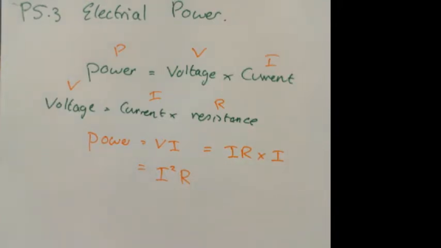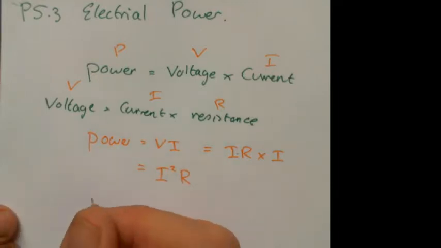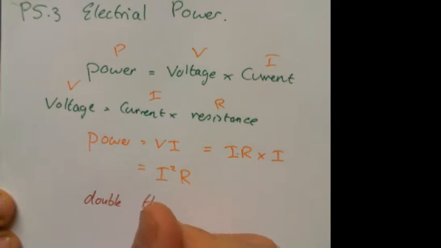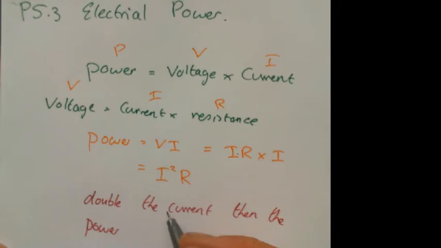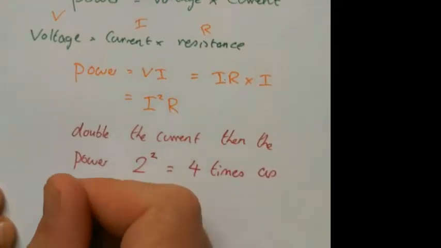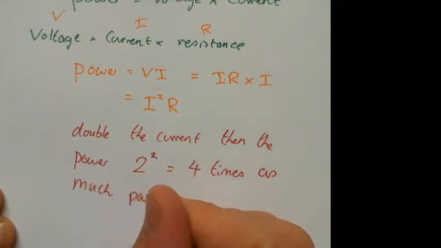Okay, and the reason why this is interesting is because if you remember we said on the national grid you have step-up transformers that increase the voltage and decrease the current, and this is why, because if I double the current, then the power loss, so the power that will be used up going through those cables, won't just be twice as much, it will be 2 squared as much, so it will equal 4 times as much power used.